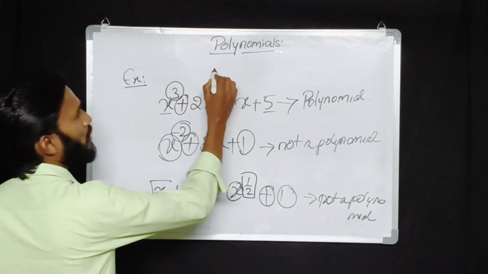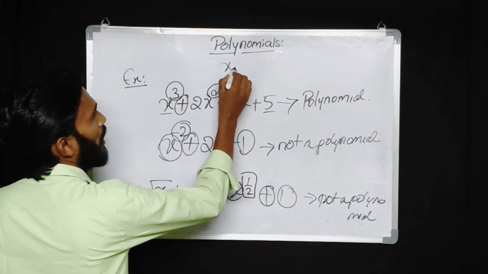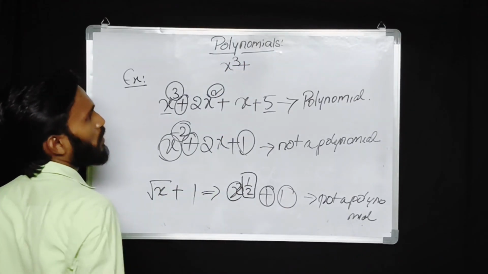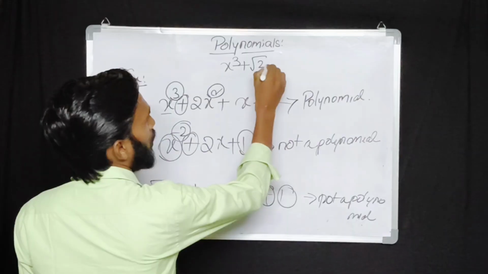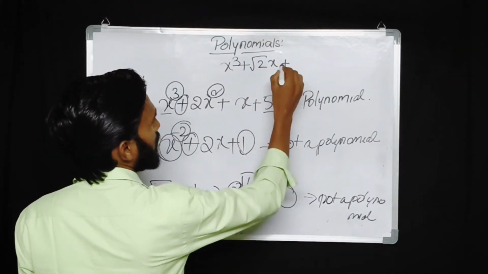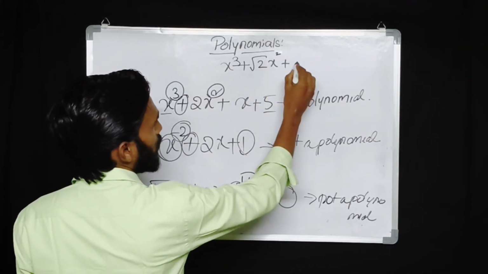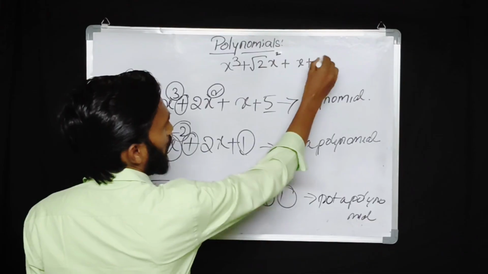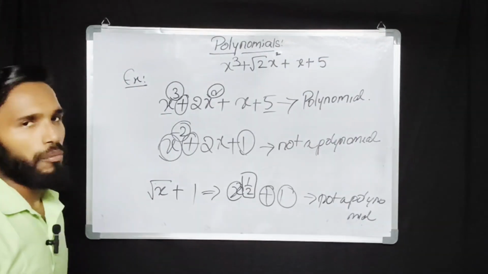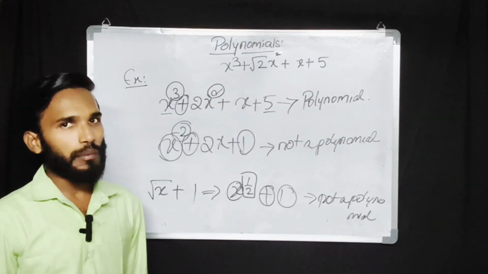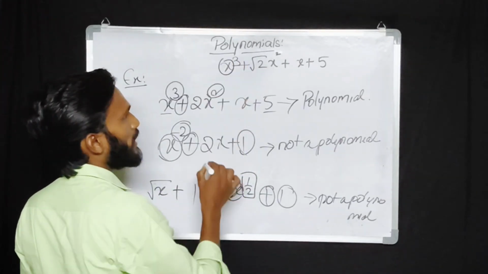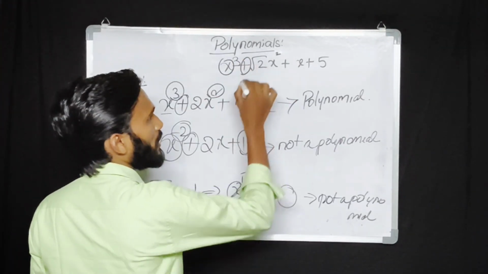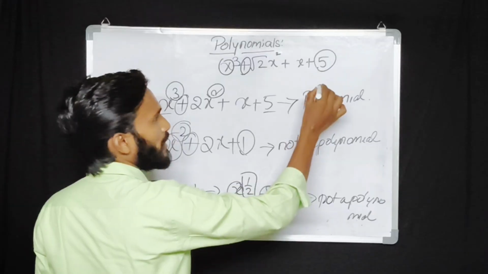Now let us see another one: x cube plus root 2 x square plus x plus 5. Is this a polynomial or not? Let us see. The variable is x, the operation is here, the constant is here.